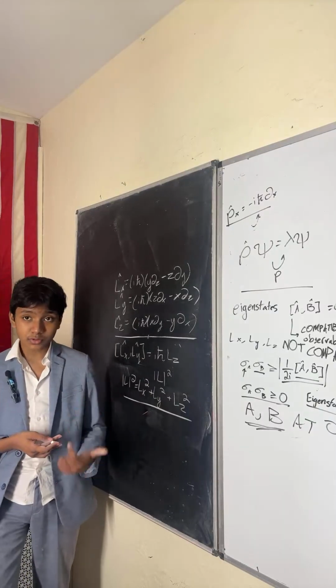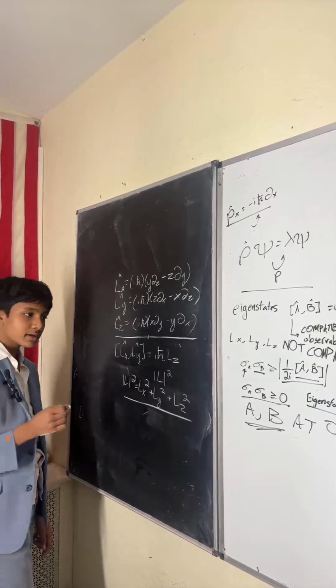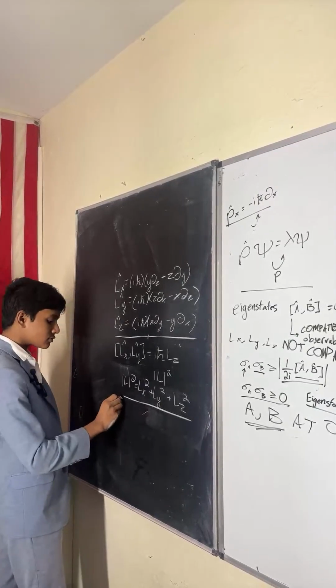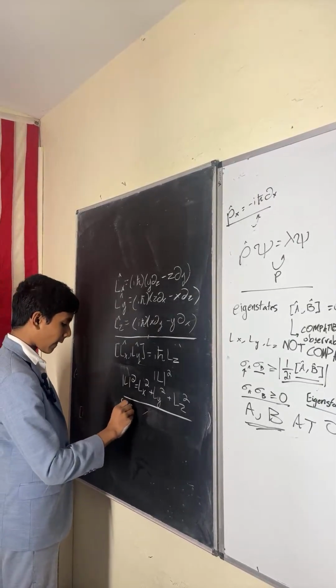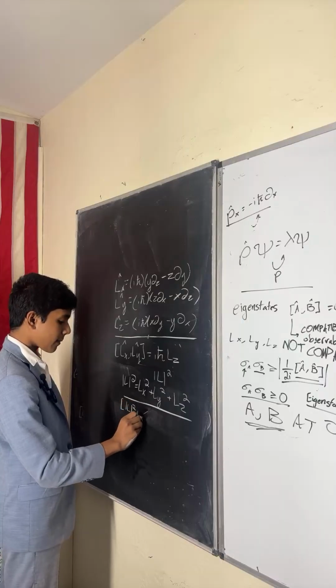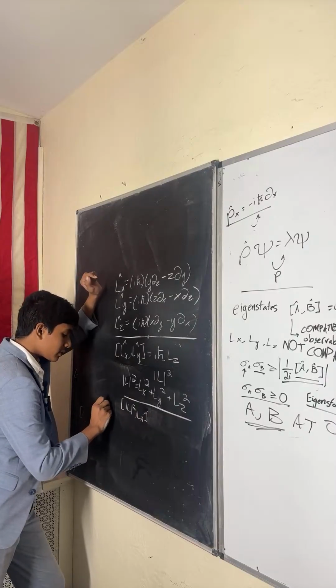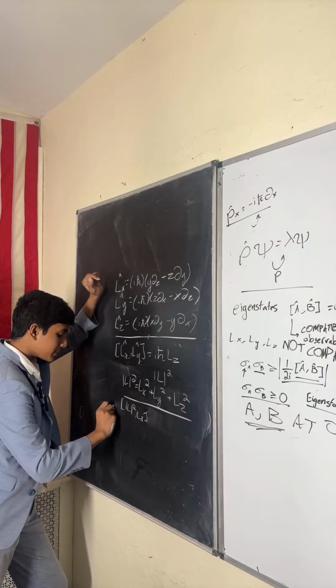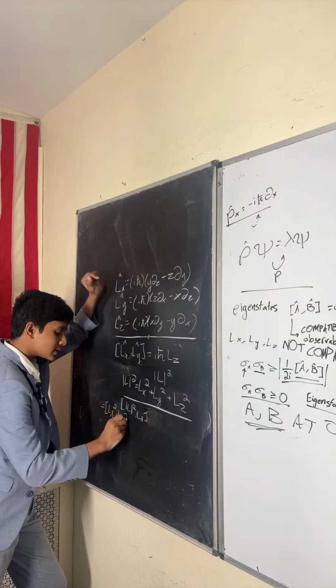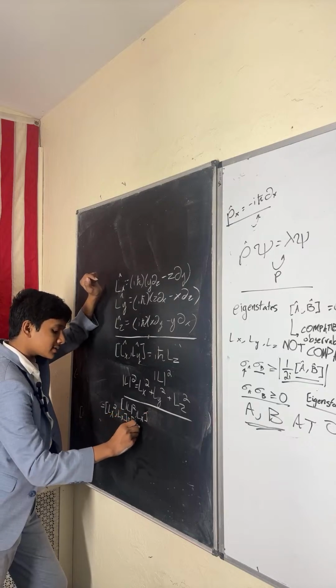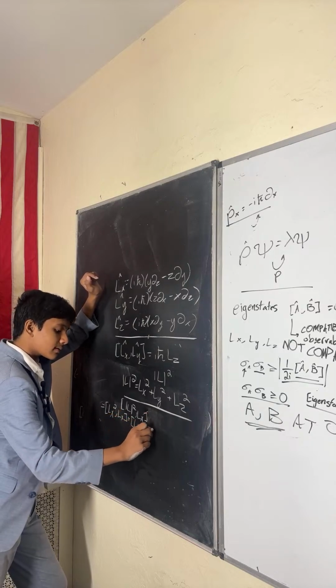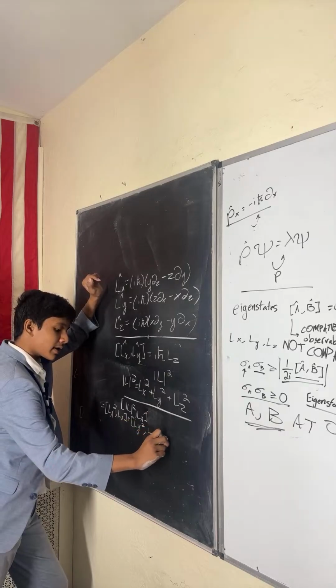Will this observable be compatible with any of the components? Well, let's try with x. Now this, since L is a linear operator, can be broken up into Lx squared Lx plus Ly squared Lx plus Lz squared Lx.